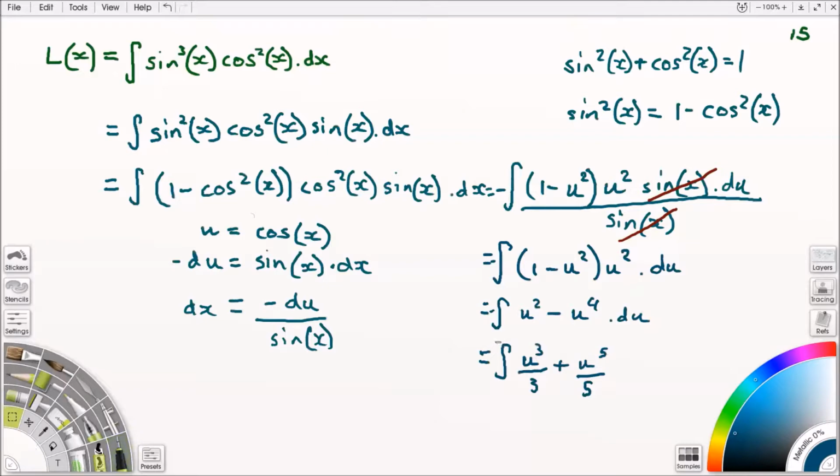My bad. We're integrating now, so we don't need that. Okay. Negative that plus this plus c.